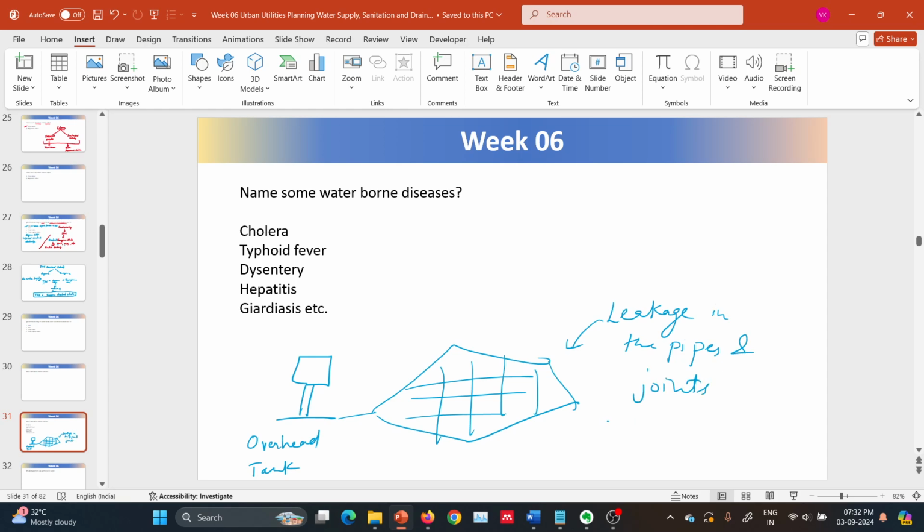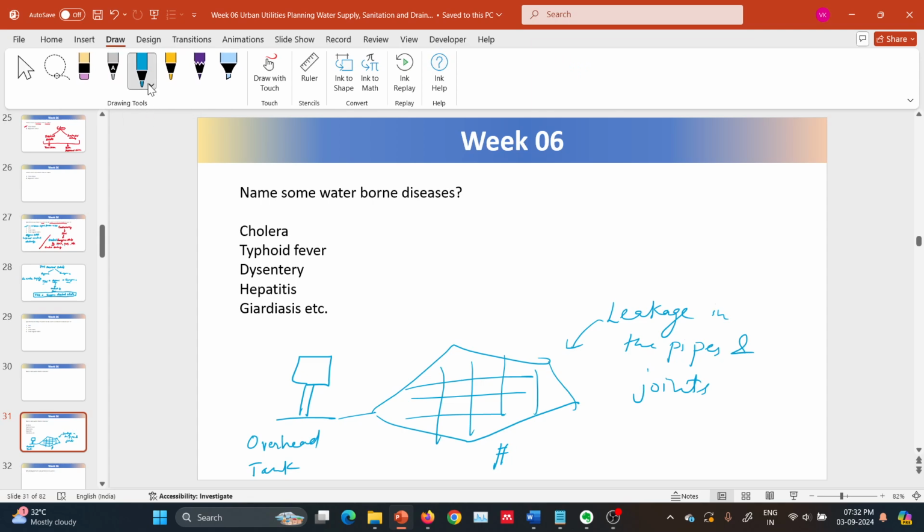these pipes are laid below the ground, and sewers are also laid below the ground. If there is leakage from sewers and there is mixing due to sewage, then the sewage may mix with the water supply and may cause diseases.